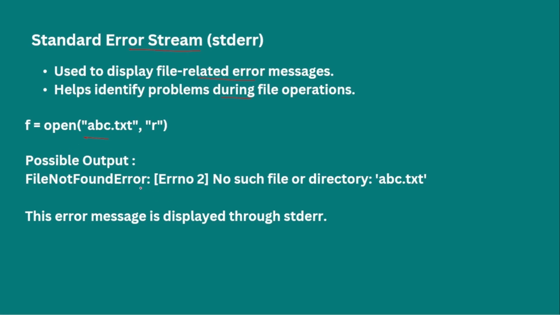So this error message is displayed through std error. We need this standard error stream to get the error. If the file is not present, we will not know whether the file is present or not. So if we get this error, file not found, we'll get to know that this file is not present. So we have to create this file first before reading the file.